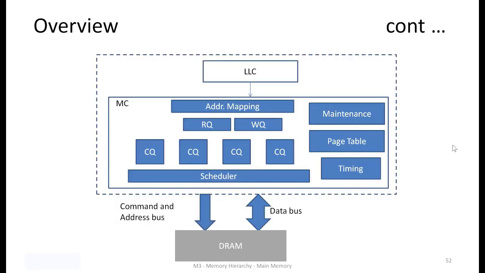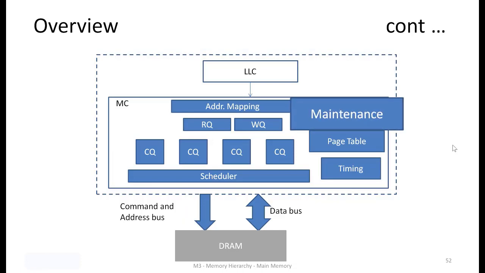All these activities of refresh management and power mode management will be handled by the maintenance block in the memory controller. Apart from the refresh and power modes, as part of maintenance, the memory controller also does something called scrubbing, which will clean the data. Also it does error detection and correction.